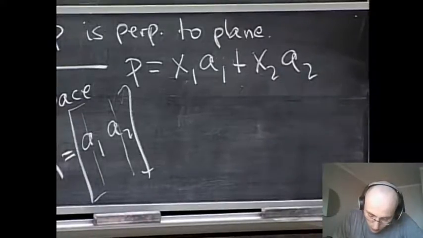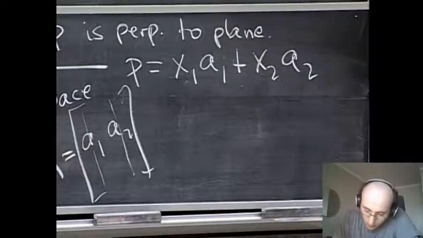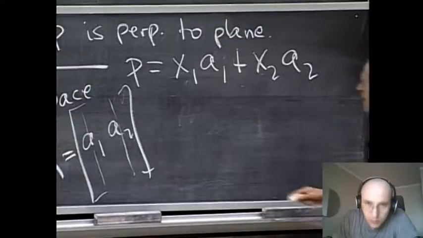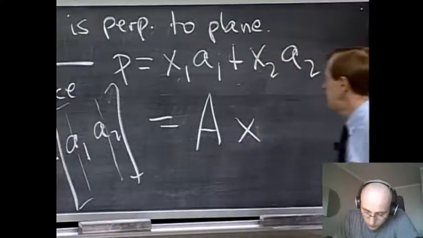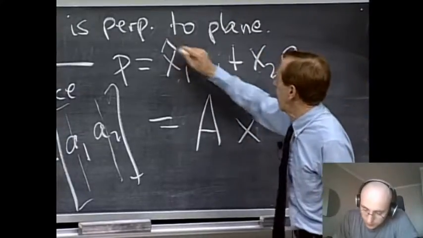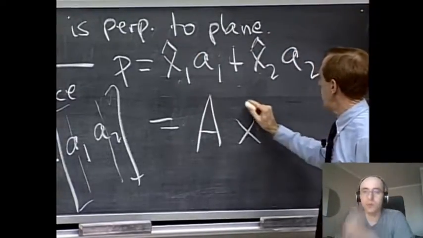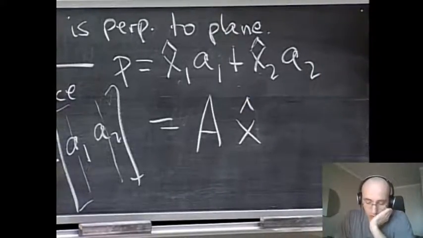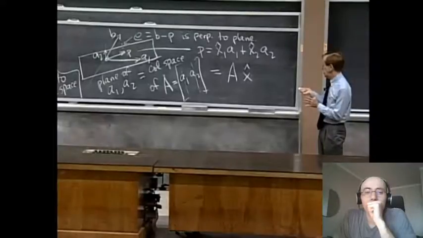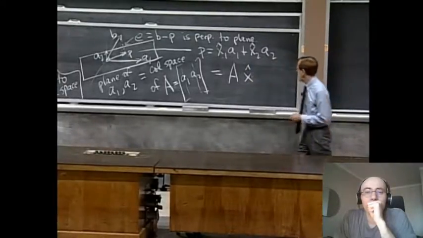But I don't like writing out x1a1 plus x2a2. I would rather write that as Ax. Well, actually, if I'm really doing everything right, I should put a little hat on it to remember that those are the numbers.